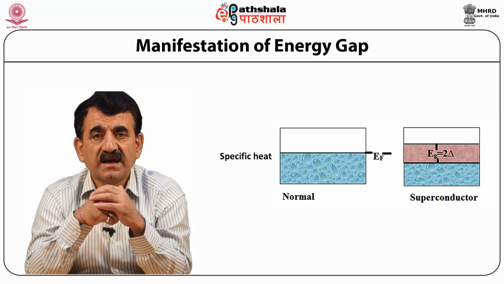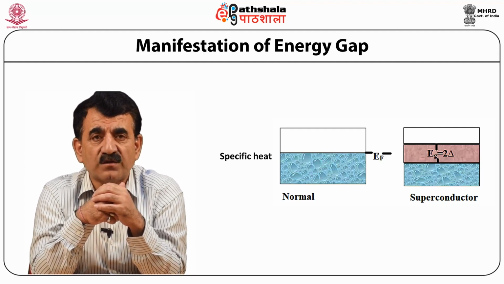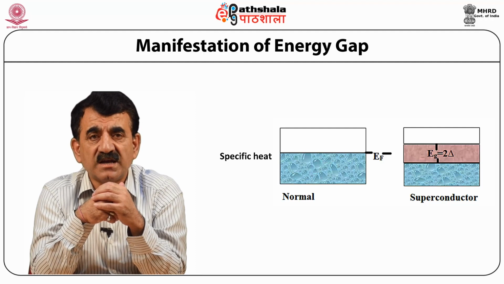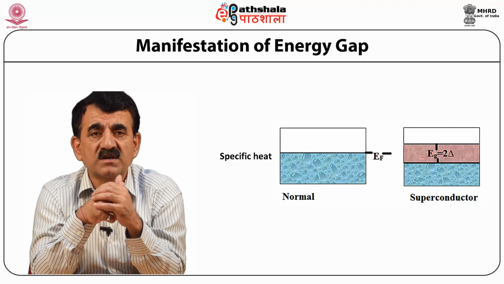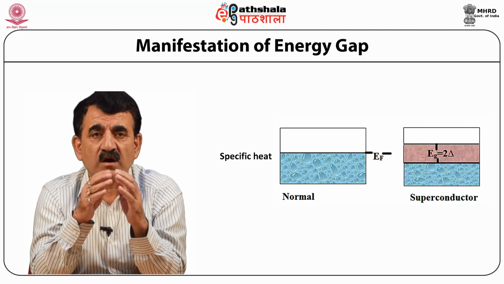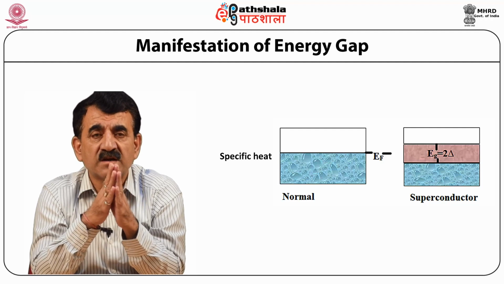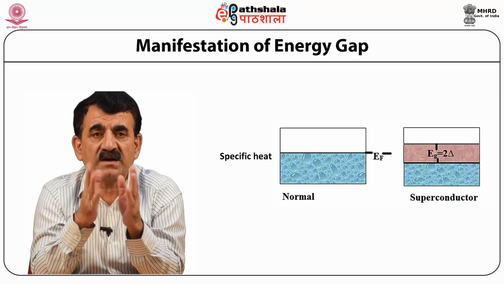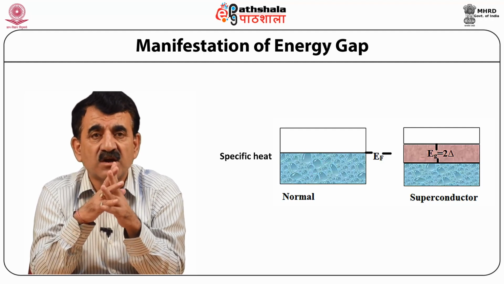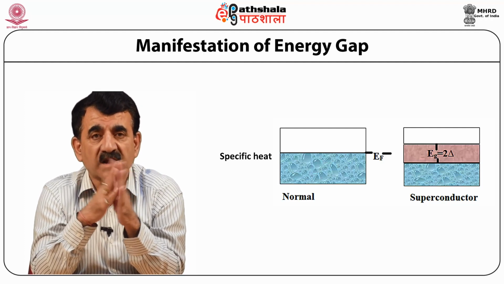Basically, the energy gap exists in the superconducting electron level between the lowest excited state and the ground state. In the ground state all electrons are superconducting, and in the excited state all electrons are normal electrons.